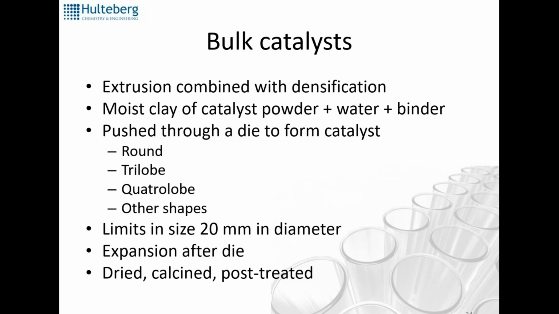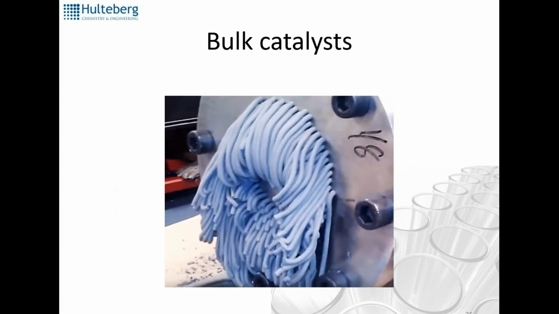Then what you do is you, again, take these extrudates, you dry them, you calcine them, and you post-treat them. It can look something like this, where you push with force through a disc and you form these spaghetti-like clay catalyst materials.